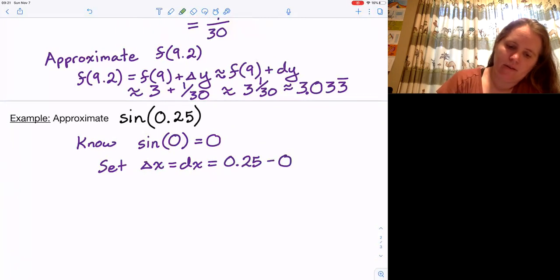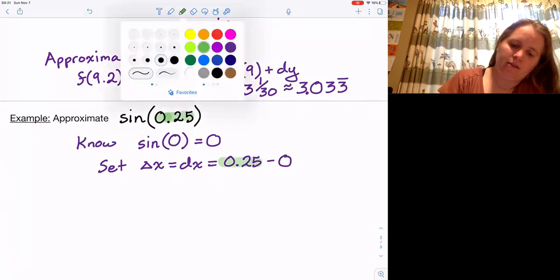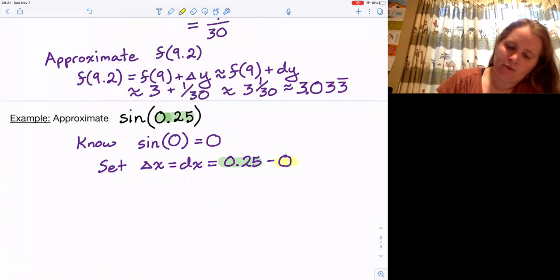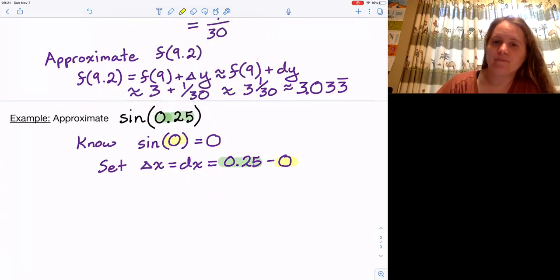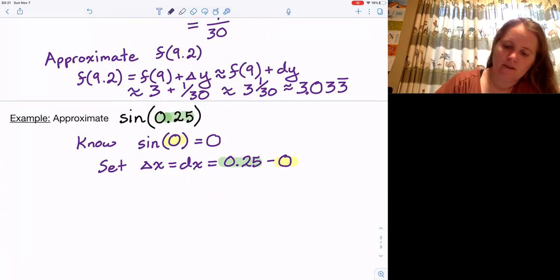So the 0.25 is coming from what we're trying to approximate. The 0 comes from the one that we know. So we're setting dx to be 0.25.